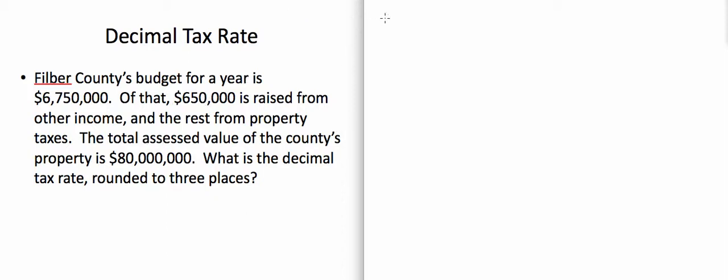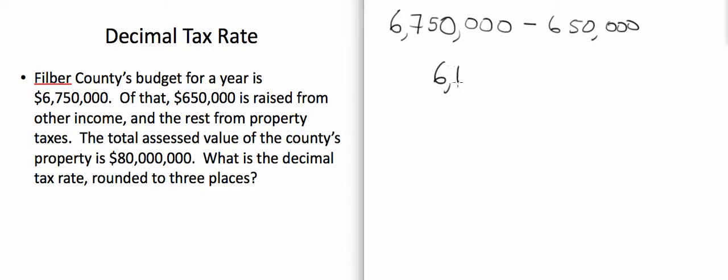So the amount to be raised by the property tax, we would take $6,750,000, and we'd subtract out 650,000. And when we do that, we get an answer of $6,100,000.